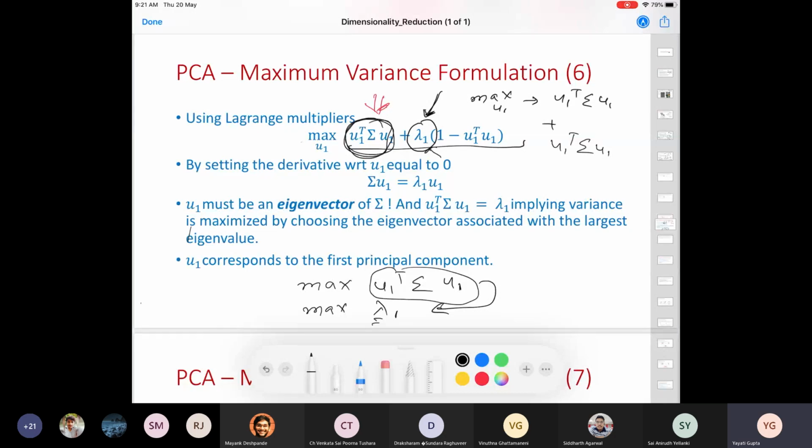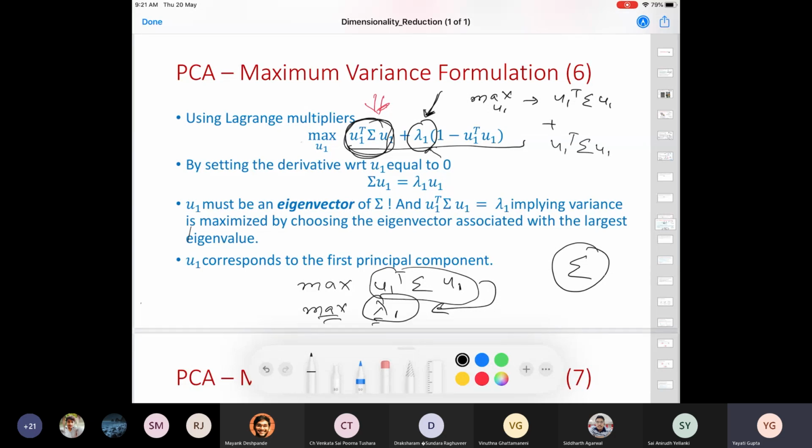So what does it mean? If you remember, what is lambda 1? Lambda 1 is the eigenvalue of an eigenvector of the covariance matrix sigma. So ultimately what we want to achieve is to figure out the eigenvalue which we want to maximize, lambda 1.